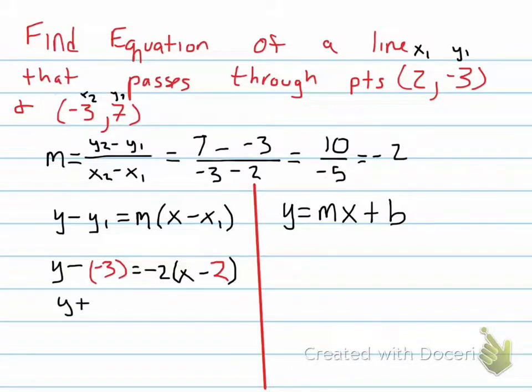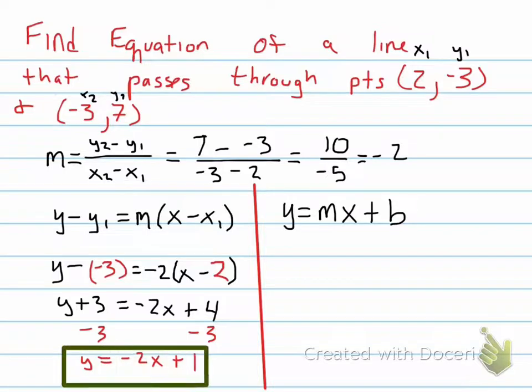So y plus 3 equals -2x plus 4. I'm distributing. And now to solve, I just get y alone: minus 3 on both sides. So y equals -2x plus 1. That's my equation here. That's one way.